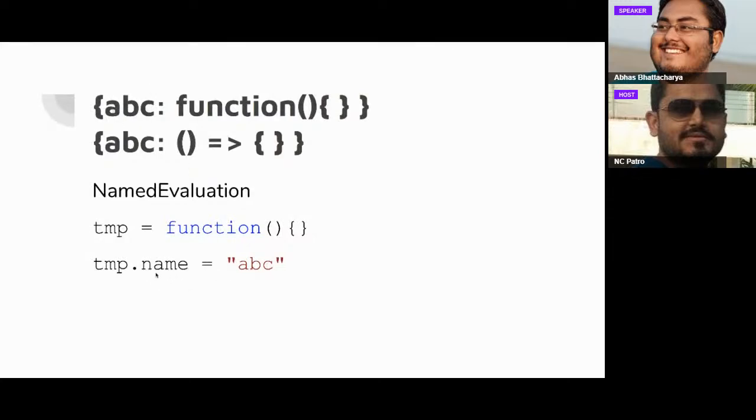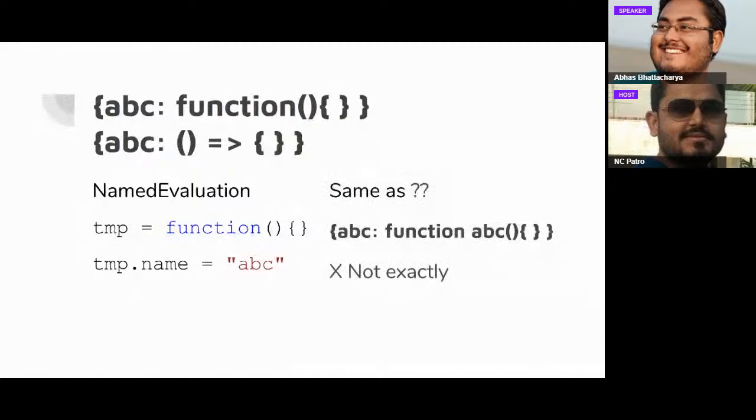I think you cannot actually do this in your own code, because you cannot change the value of dot name, but internally this is sort of what is happening. An anonymous function sort of becomes a named function, but it's not exactly the same thing. So let's look at that.